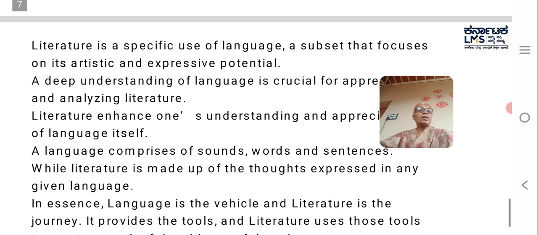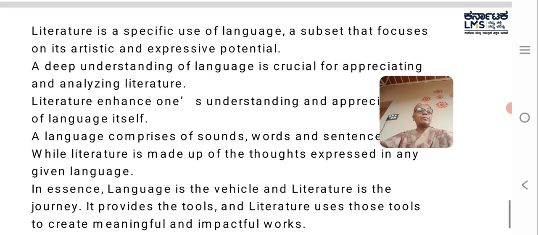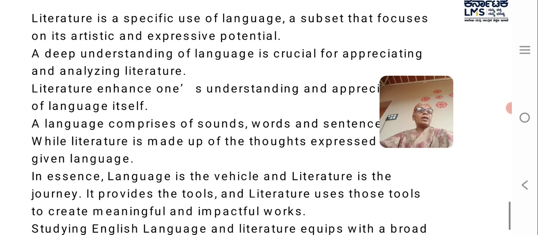Language is general use of language. Literature is specific use of language. It is a subset that focuses on language's artistic and expressive potential. A deep understanding of language is crucial for appreciating and analyzing literature. Literature enhances one's understanding and appreciation of language.